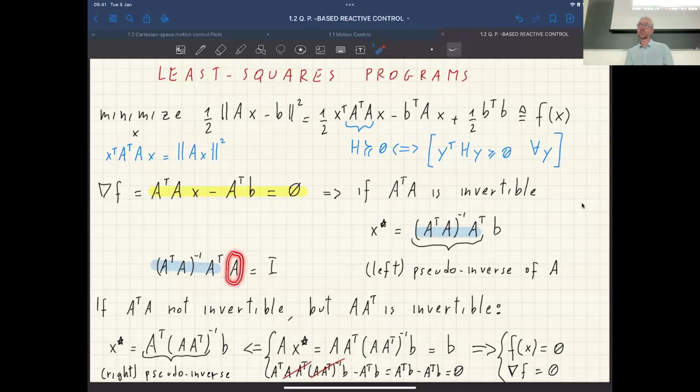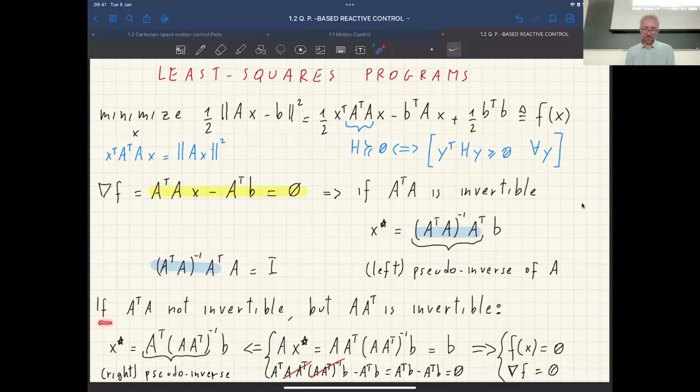It's a rectangular matrix in general. So an inverse of A doesn't exist in general. The closest thing to an inverse that you can compute is a pseudo-inverse. And in this specific case, it happens to act as an inverse when you multiply on the left. So it's called a left pseudo-inverse.